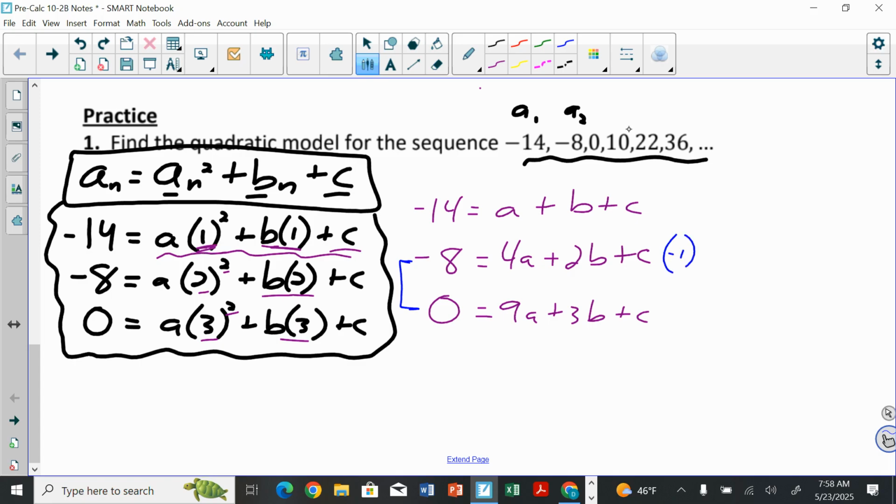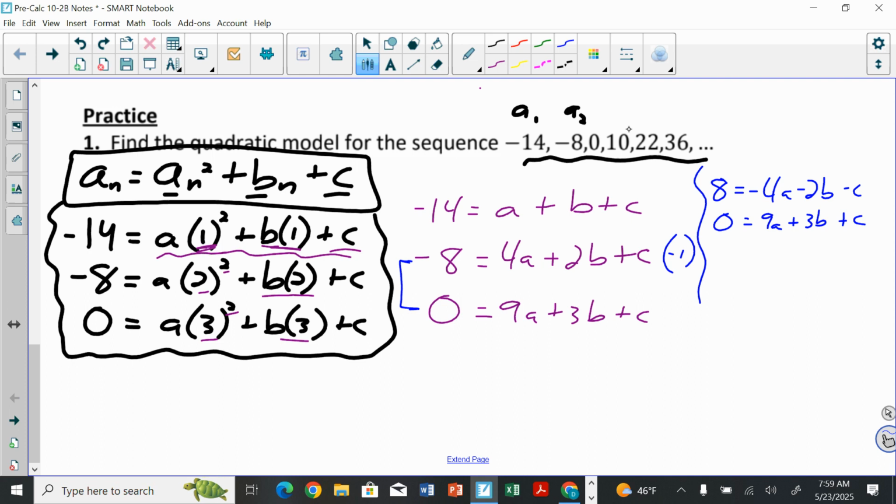That's my goal, right? So if I take this equation here and multiply it all by -1, I'm just going to do the work over here. Then that's going to give me 8 equals, because you have to multiply everything by it, so 8 equals -4a minus 2b minus c. And then this one we keep the same, so it would be 0 equals 9a plus 3b plus c.